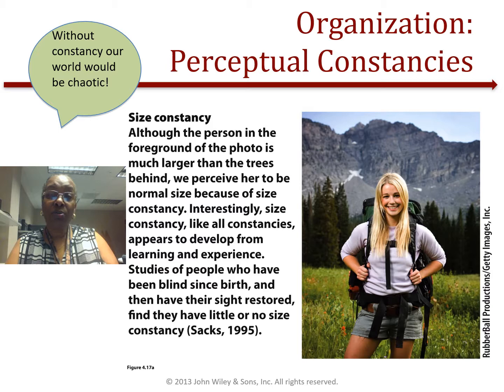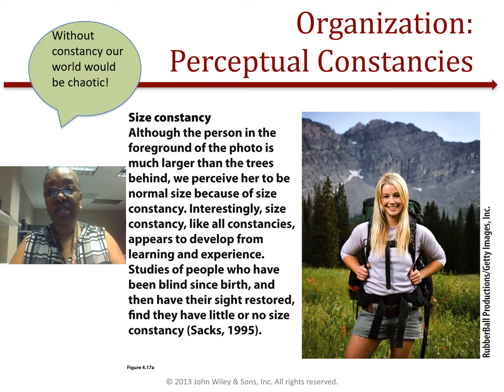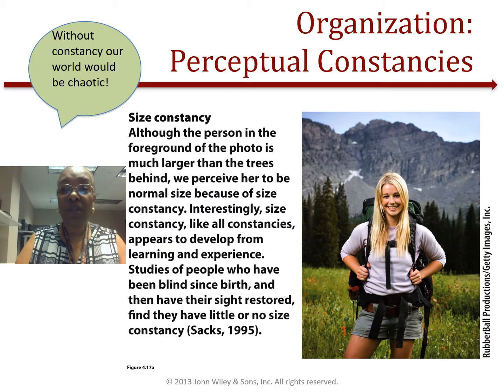Moving into perceptual constancies. This is the tendency for the environment to be perceived as remaining the same, even when there are changes in our sensory input. Otherwise, things would seem to grow as we got closer to them, change shape as our view angle changes, and change colors as light levels change.